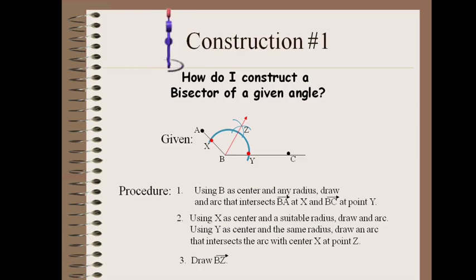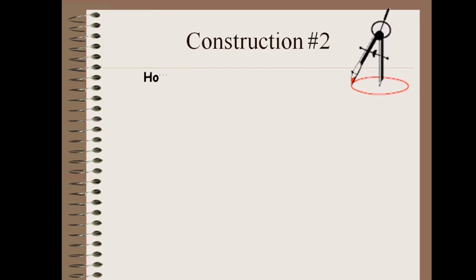So here the red line BZ is actually dividing angle ABC into two equal parts. Now half of this angle is angle ABZ and the other half part of this angle is CBZ.